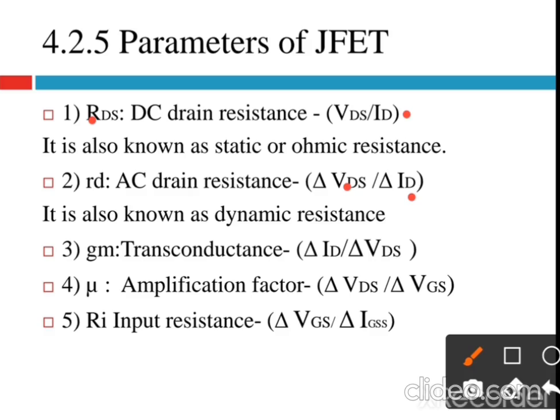The third parameter of JFET is transconductance, and that can be represented by gm. It is given by the ratio of small change in drain current to the change in gate to source voltage for a constant drain to source voltage.